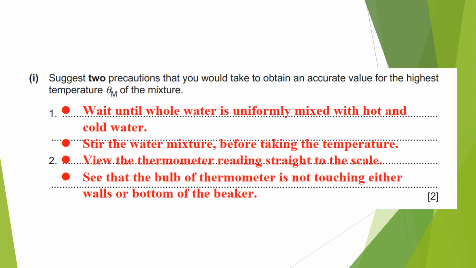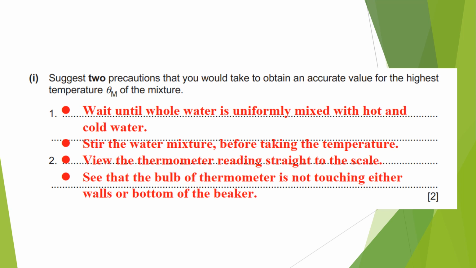Suggest two precautions you would take to obtain an accurate value for the highest temperature theta m of the mixture. In order to make the thermometer reading more accurate, when two different temperatures of water are mixed, we need to wait for some time until the mixture gets a uniform temperature.